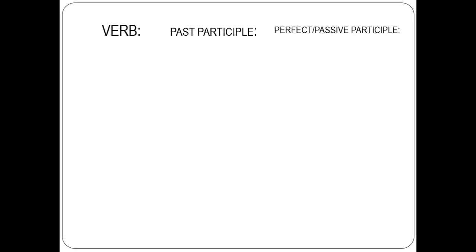Let's look at some examples. There are a number of examples. This is really the document I use for class. Hold on. It's very important to remember that for verbs, there is such a thing as a past participle and a perfect participle or a passive participle. Some verbs, for example, like live, do not change.